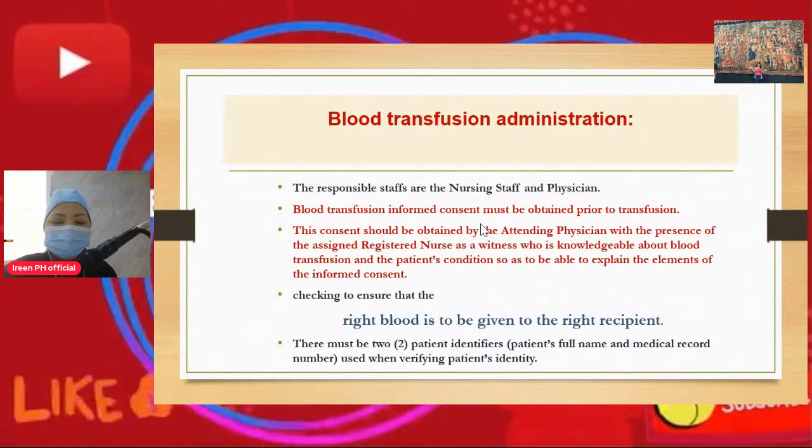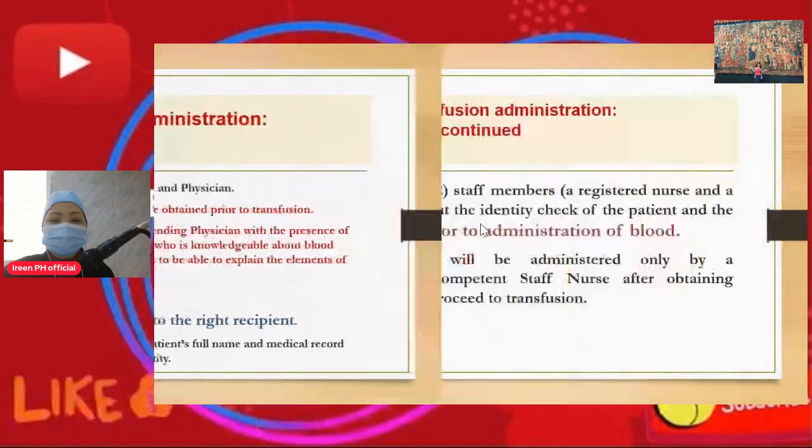Checking to ensure that the right blood is to be given to the right recipient. There must be two patient identifiers, patient's full name and medical record number, which is your MRN, used when verifying patient's identity.